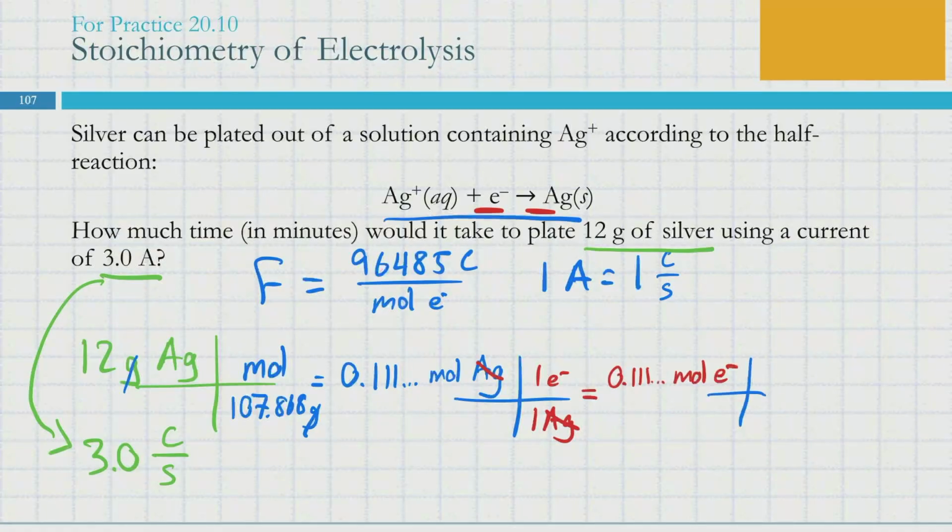So we're going to multiply by the Faraday's constant, 96485. Get a large number. 10,733 and some change coulombs.